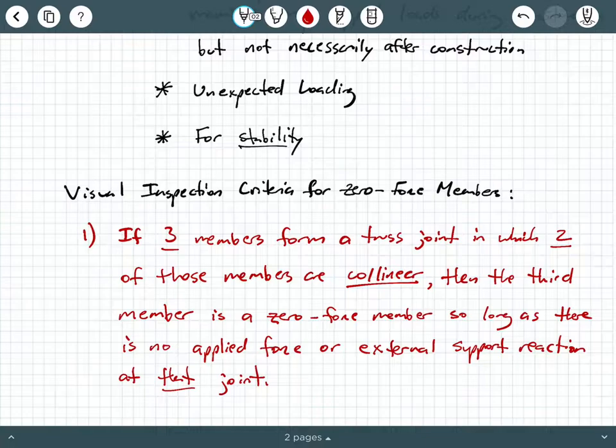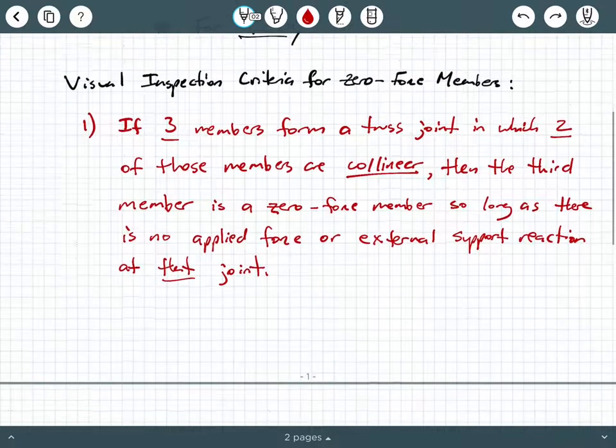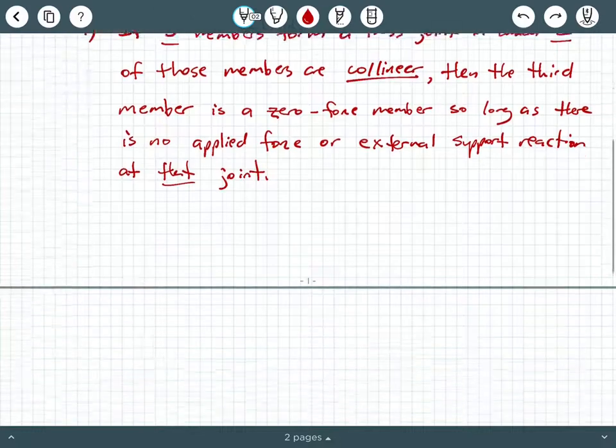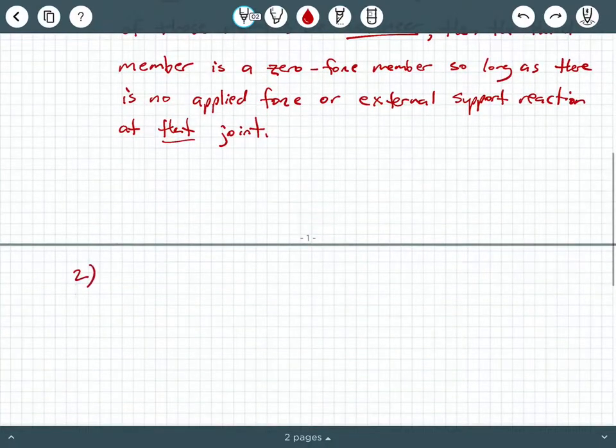If you have a truss joint in which there is no applied force and also no external support reaction, and that truss joint is formed by three members in which two of them are collinear, then the third member, which is the one that's not collinear with the other two, is a zero force member. So that is one of the visual inspection criteria. We'll call that visual inspection criteria number one.